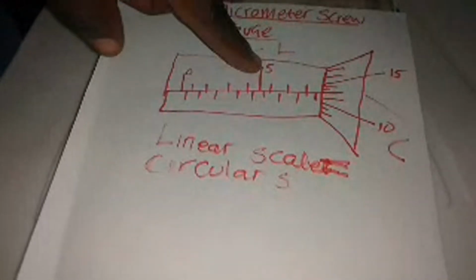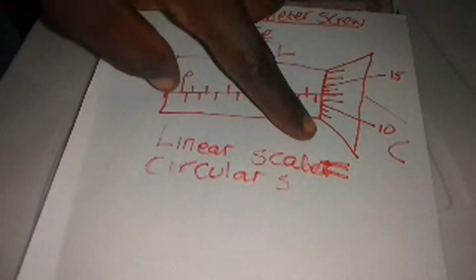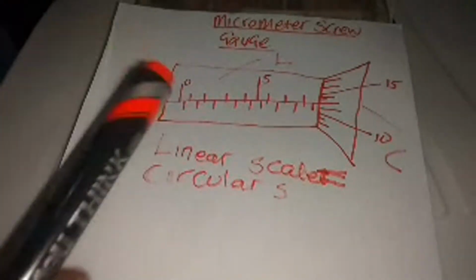So how do you read the numbers on the linear scale? On the linear scale, you just count from where 5 is. You count these numbers to where it is ending, and the one that is down here is just a half, that is 0.5.